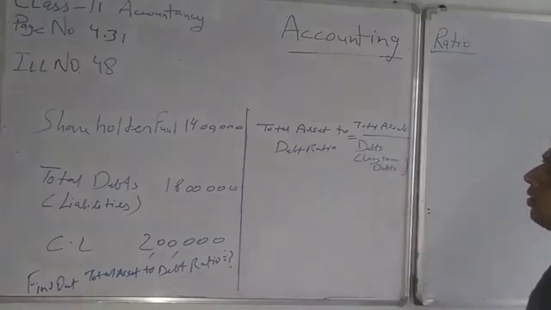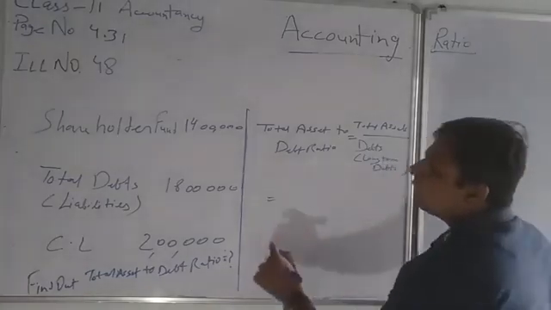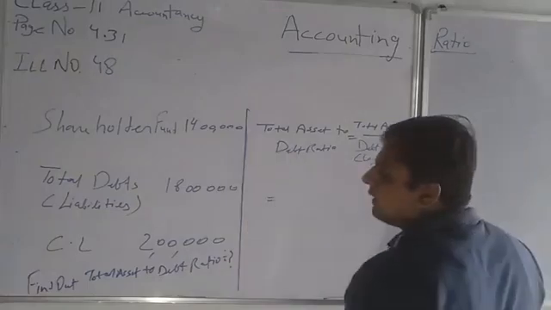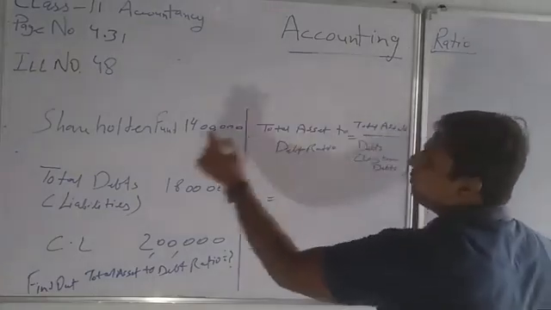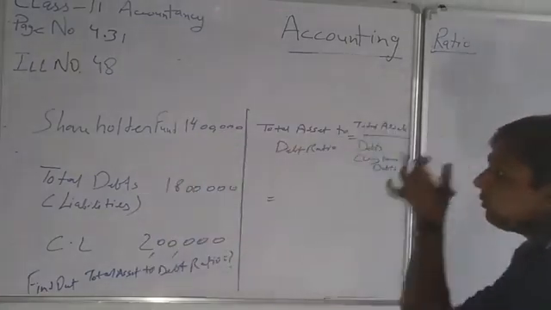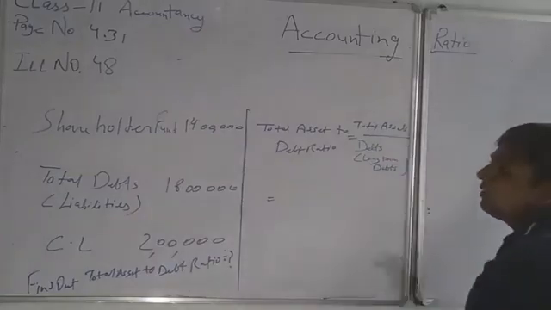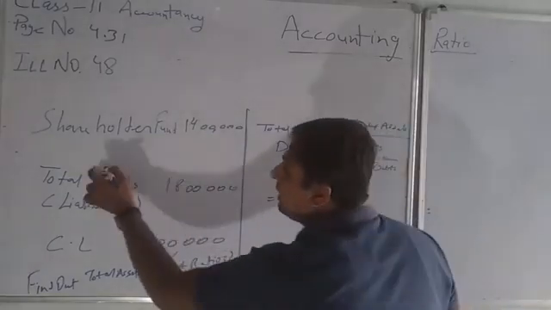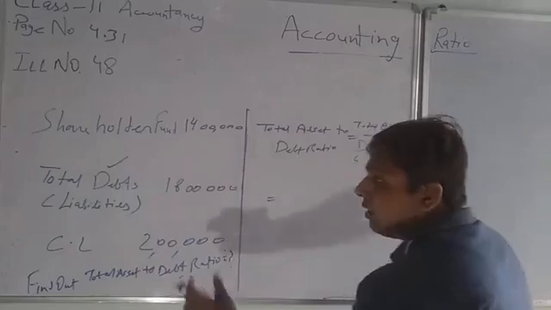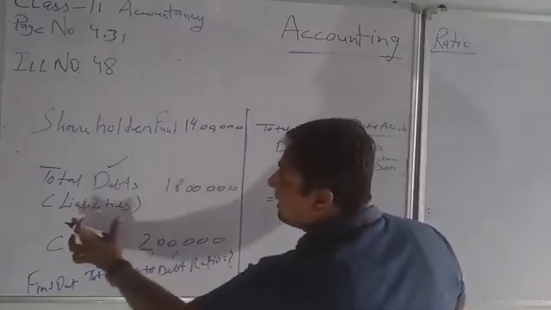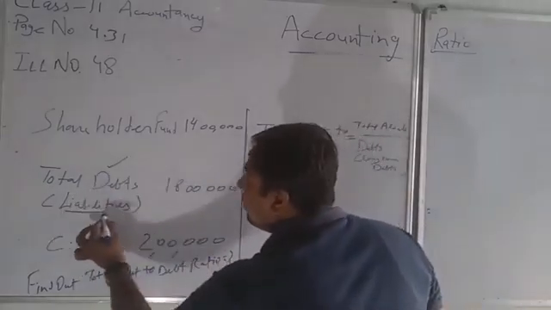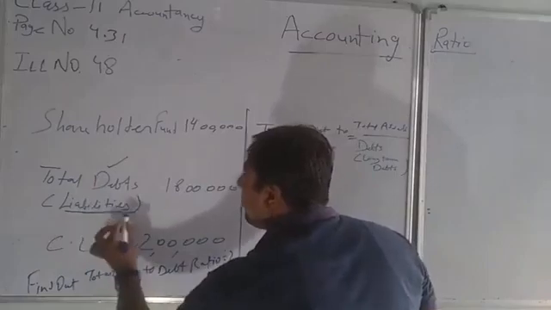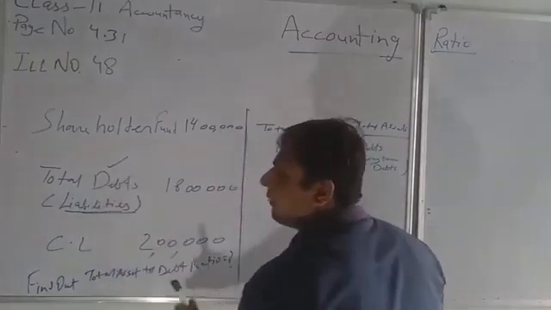Okay. So here, total asset is not given to us. Debts is given to us, but that is total debts. And here we have been given the clue that debt has only liability.